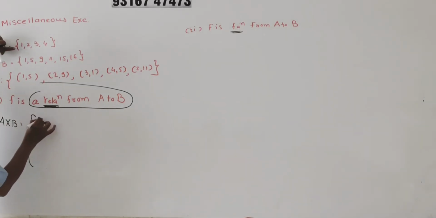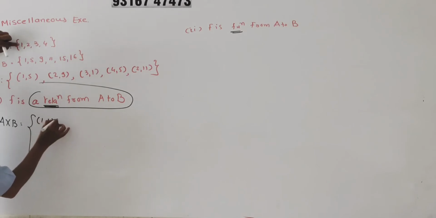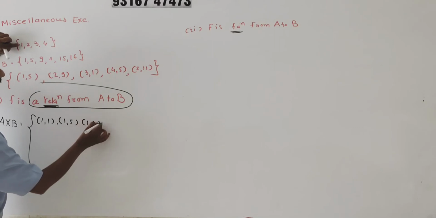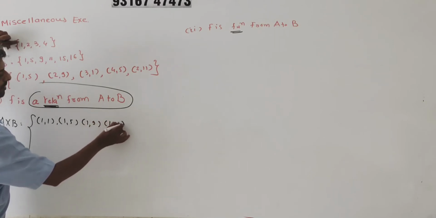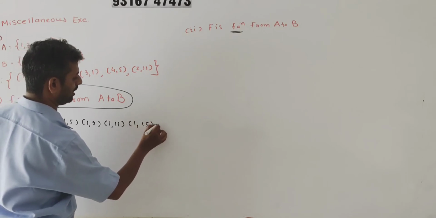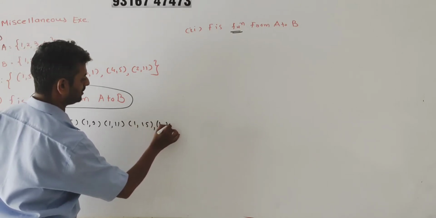So that is (1, 1), (1, 5), (1, 9), (1, 11), (1, 15) and (1, 16).